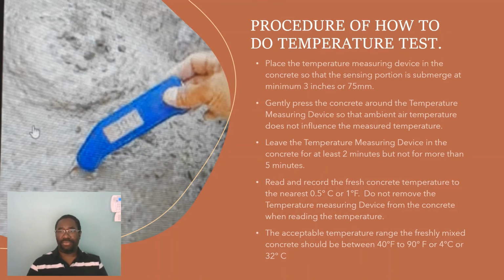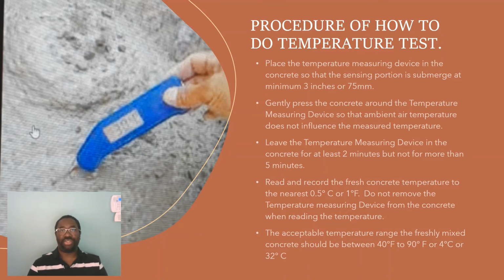You're going to leave the temperature measuring device in the concrete for at least 2 minutes, but not more than 5 minutes. You're going to now read the recorded fresh concrete temperature to the nearest 0.5 degrees Celsius or 1 degree Fahrenheit.